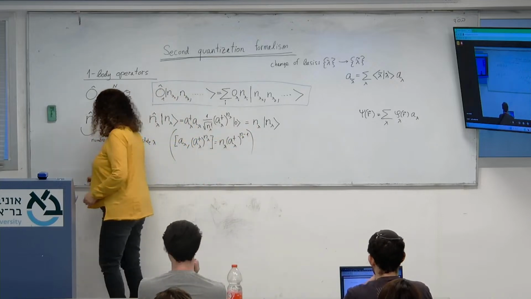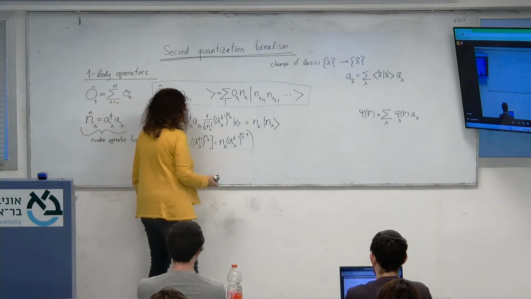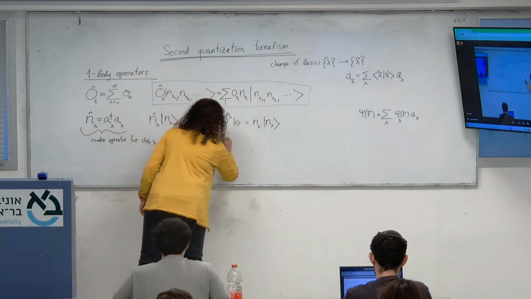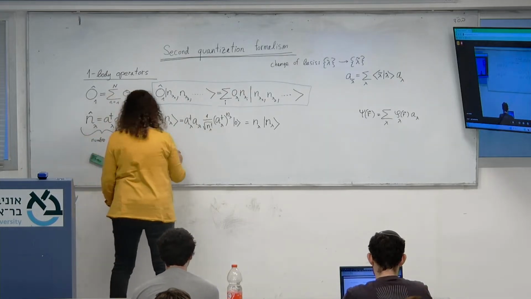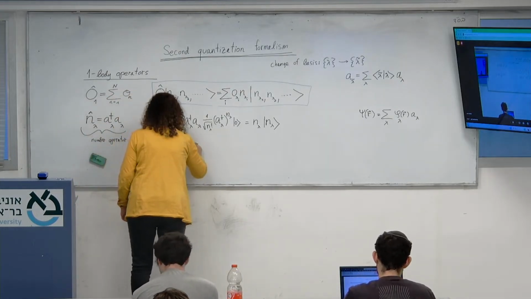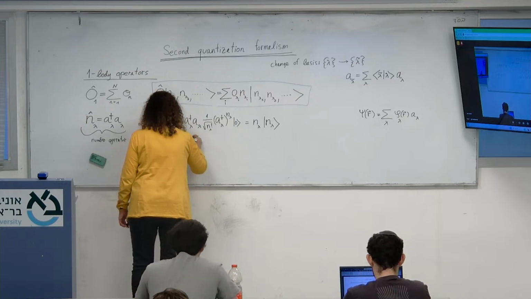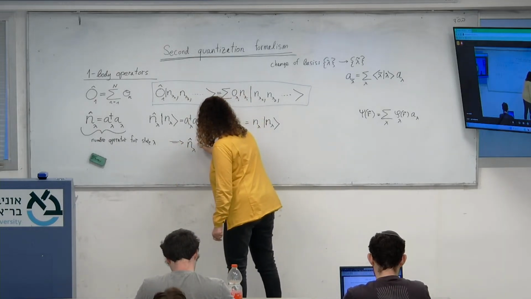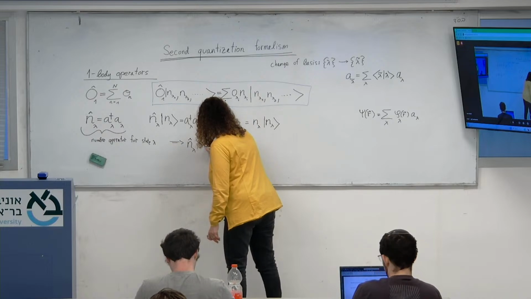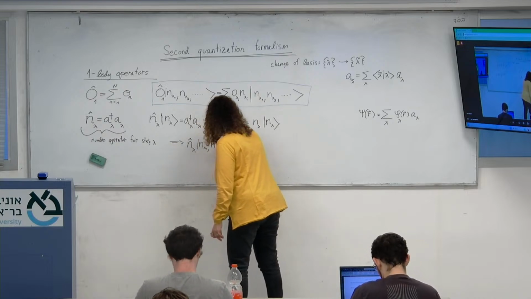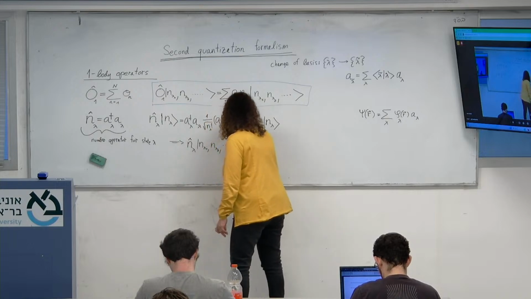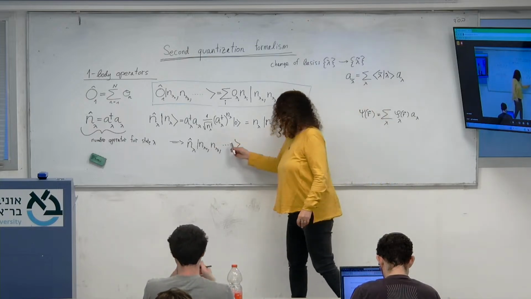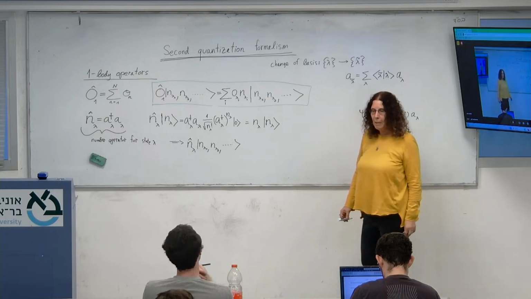Okay, so now we can continue. If we now apply n lambda, of a particular lambda, on a general basis state of Fock space, not a general Fock state, but a general basis state, what will I get?